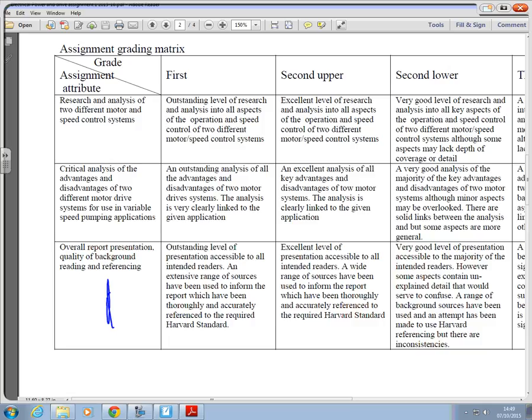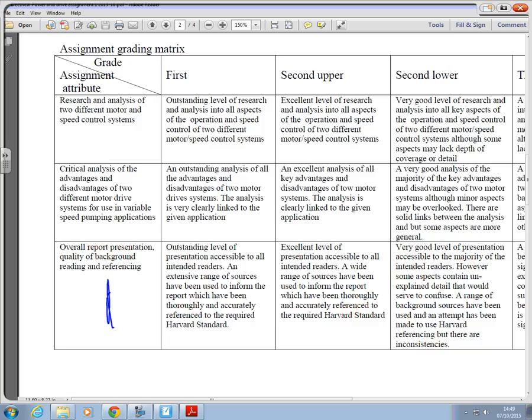Research and analysis of two different motor and speed control systems. Second thing is your critical analysis of the advantages and disadvantages of two different motor drive systems for use in variable speed pumping applications. And then the overall presentation, quality of background reading and referencing used.